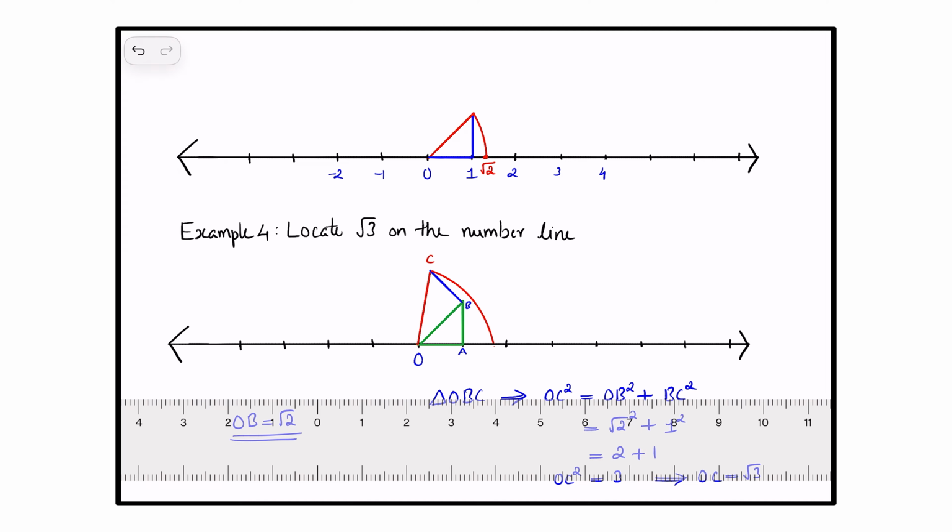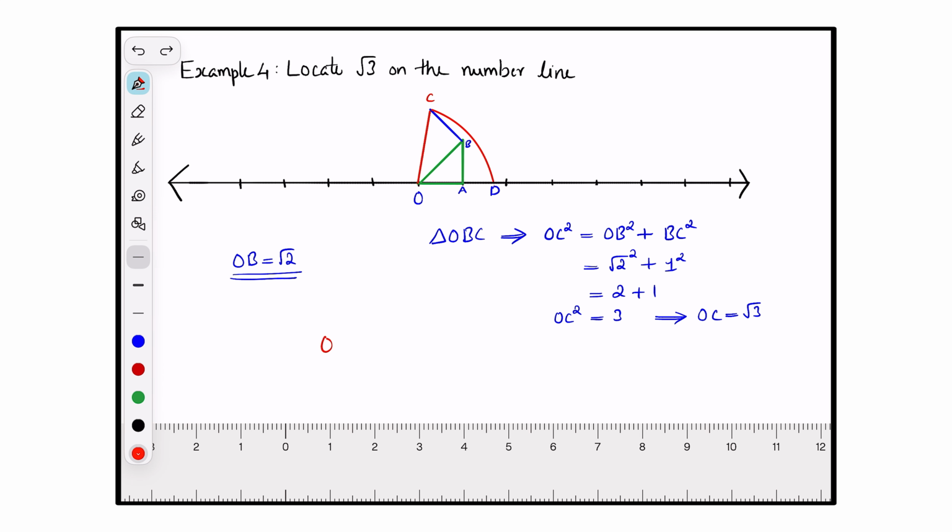So I have constructed this particular curve, and this new point I will denote as D. So this is going to be D, and this length OD will be equal to root 3. OC will be equal to OD and this will be equal to root 3 unit in size, and just like that we have located the length root 3 on the number line.